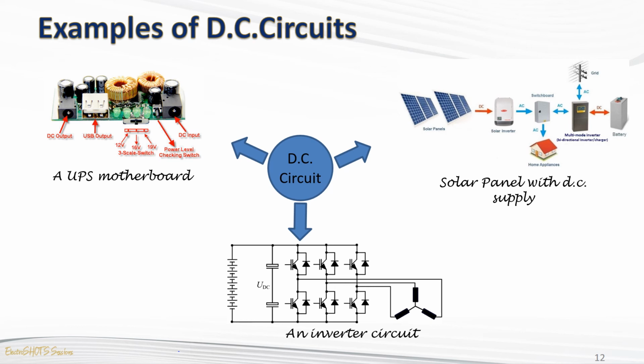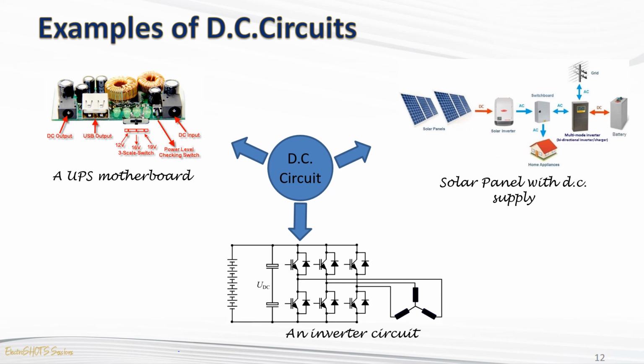Then we have an inverter circuit. An inverter is a device which converts DC to AC. One of the most relatable and common examples is a home inverter, which is used everywhere. Those who experience a disruption of power supply from the grid employ an inverter at home. The arrangement is simple.